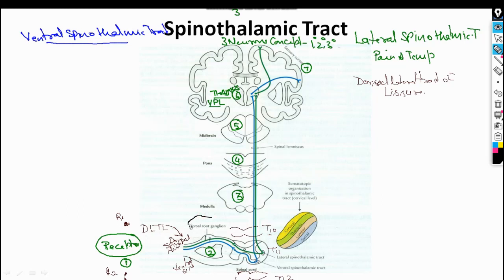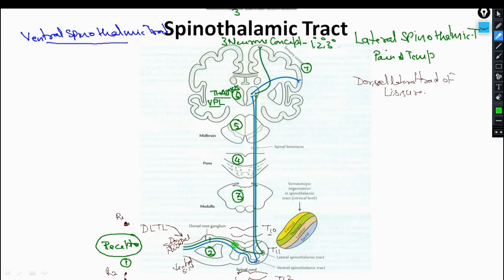You can see this dorsal root ganglion and the cell bodies of the neuron. It enters the spinal cord from its posterolateral aspect, in the posterior horn of the spinal cord. Here is the substantia gelatinosa.